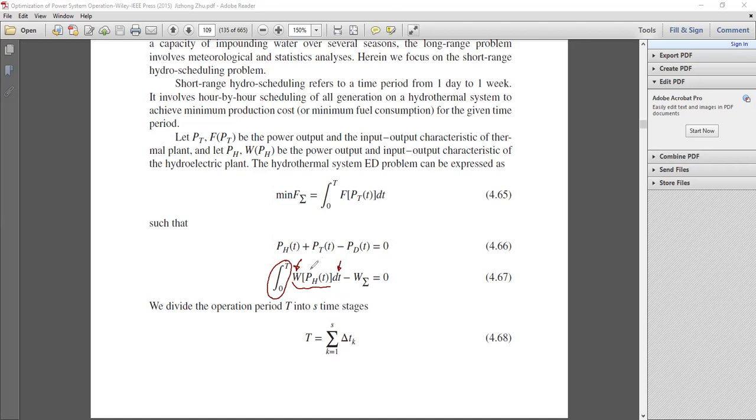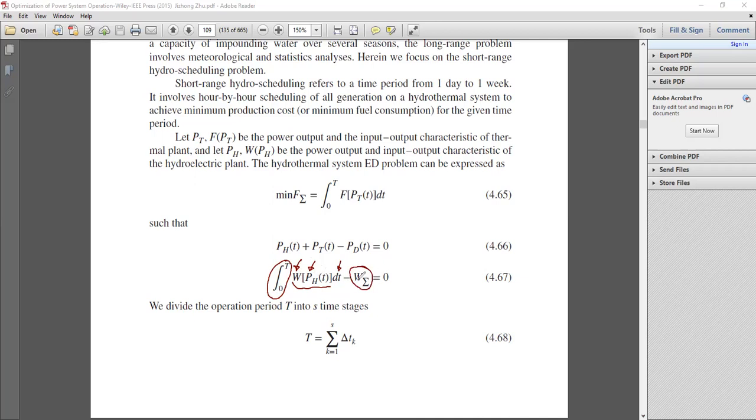Now this W will of course give you some pH(t). So you can use the water for generating some pH, that is the hydropower, throughout this period from 0 to t, but that has to be exactly balanced by the water available to you. So that means you cannot go beyond that.